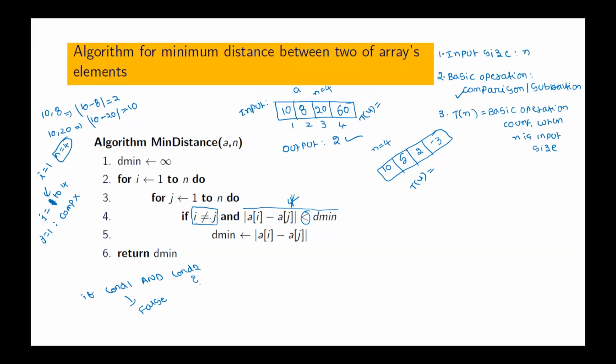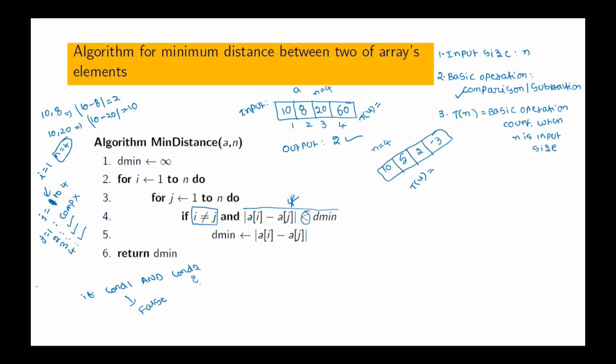When i equals 1, j also equals 1, so that is not performed. J equal to 2, comparison is performed. J equal to 3 also, and j equal to 4 also. That means when i equals 1, the comparison operation is performed 3 times.